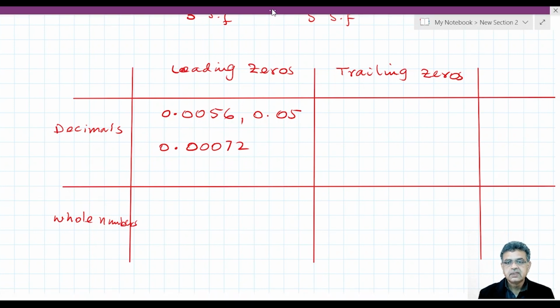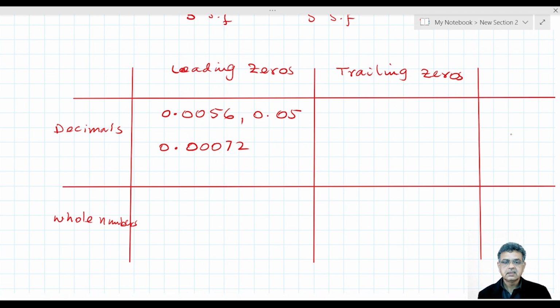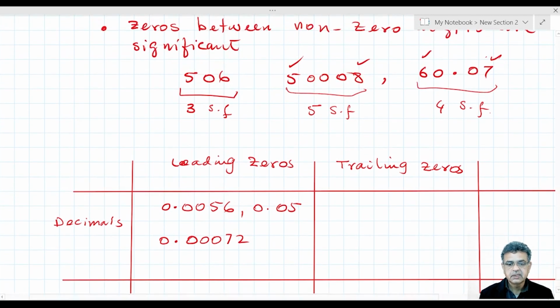Now in all of these zeros, you should be able to notice that in the beginning there is 0, here it is 0, here it is 0. So these are leading zeros because there is no non-zero value before that.